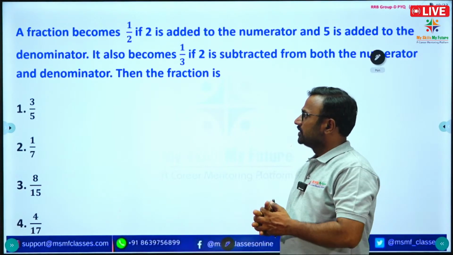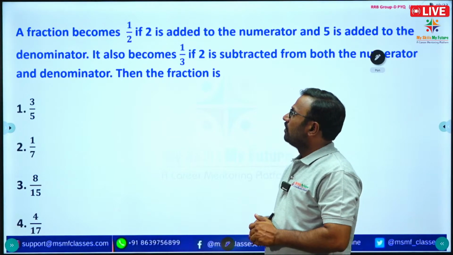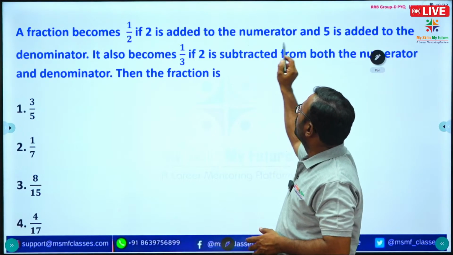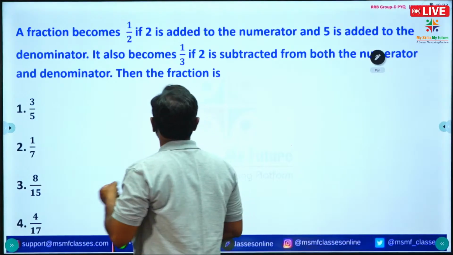See the question here. A fraction becomes 1 by 2 if 2 is added to the numerator and 5 is added to the denominator.